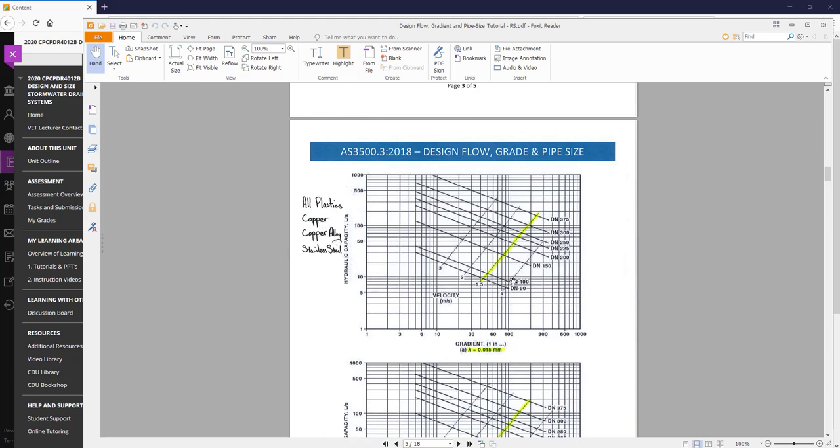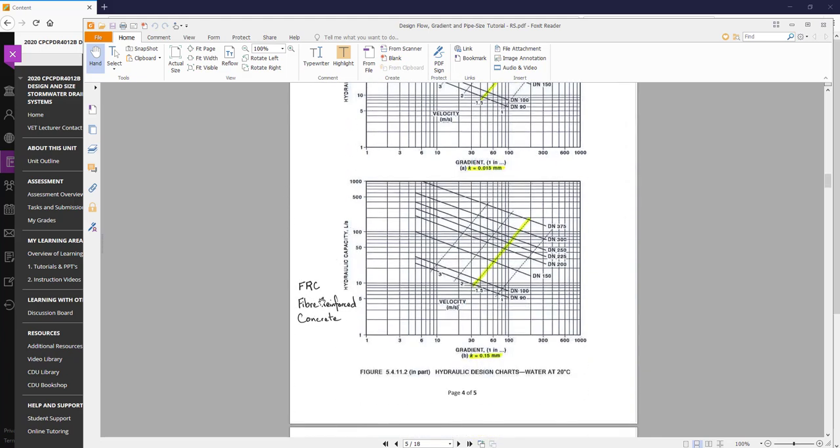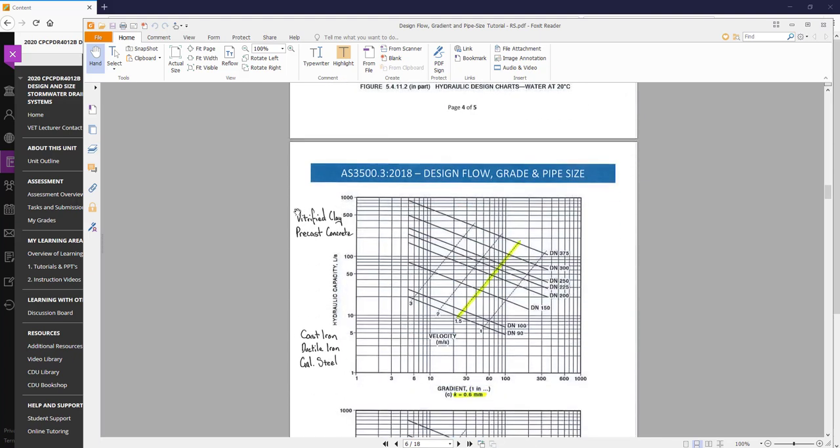I went through earlier and transferred the information off that table onto the charts. You'll see here if we were using fibre reinforced cement, it would be table B, which would be K equals 0.15. If we were using vitrified clay, precast concrete, cast iron, ductile iron or galvanised steel, we would have a coefficient of K equaling 0.6 millimeters.